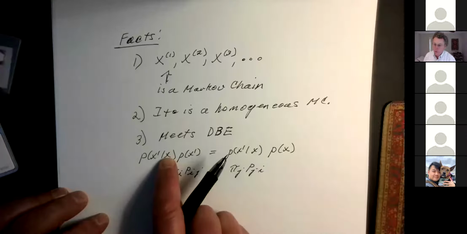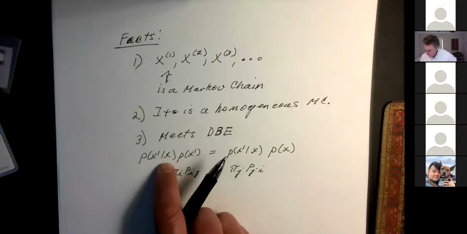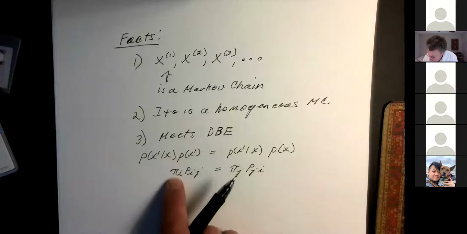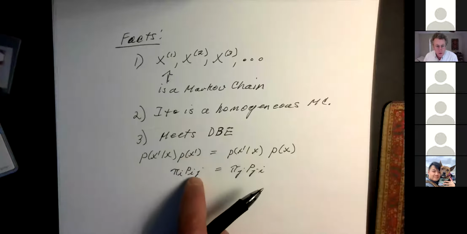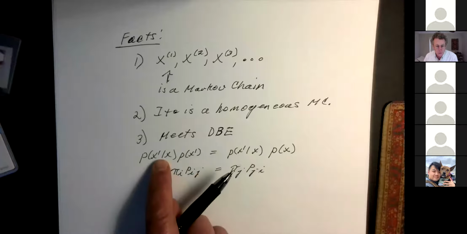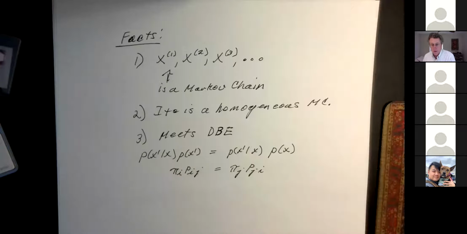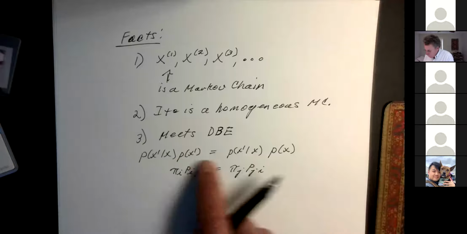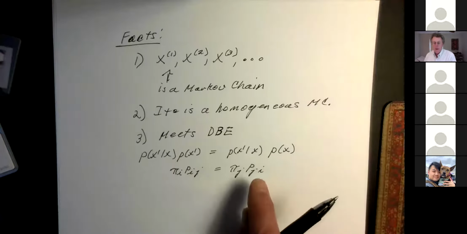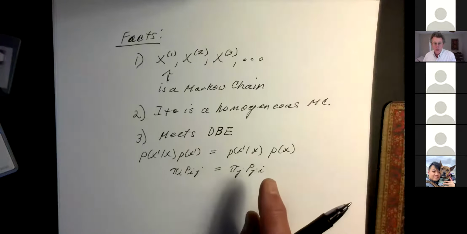But X is a discrete state in this case. Well, we're going to assume it's a discrete state. And so it's like the index of pi here is like P, and Pij is like that conditional probability distribution, okay? So if we can show that this thing holds, then it solves the detailed balance equations.